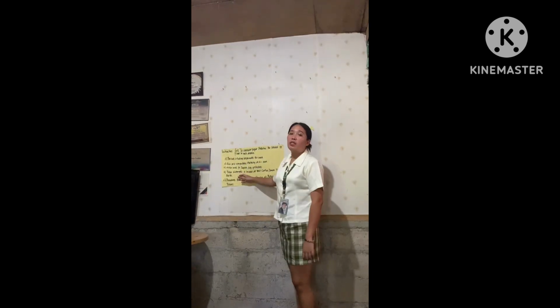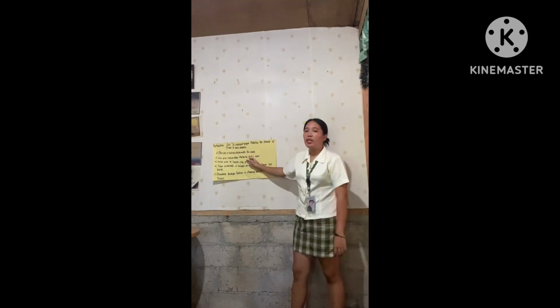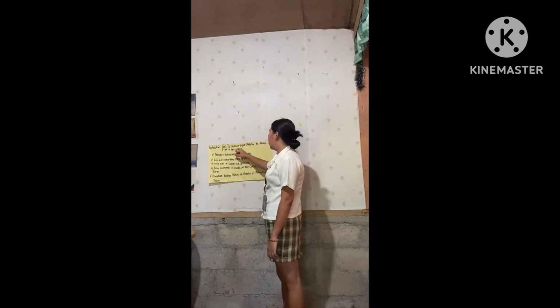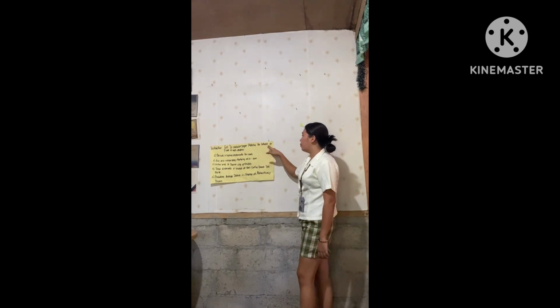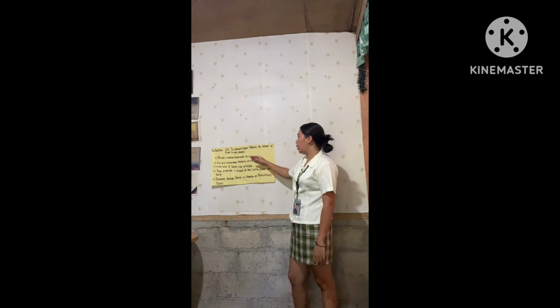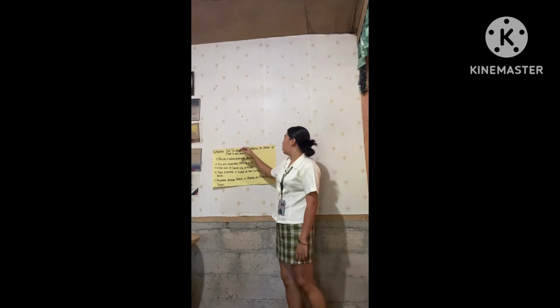You really listened to our topic that we tackled today. Okay, so now I have here another activity that you need to answer. Get 1/2 crosswise. Underline the adverb of place in each sentence. So here are the following questions that you need to answer.